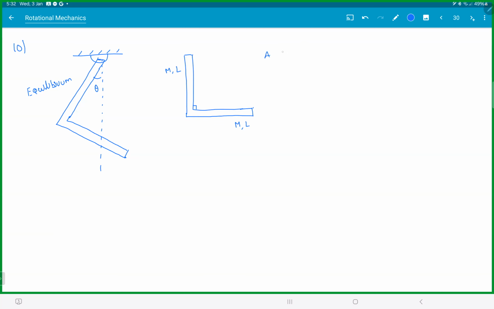Find theta. So you took an L-shaped rod and you hinged it at one end, and it is suspended from the ceiling.